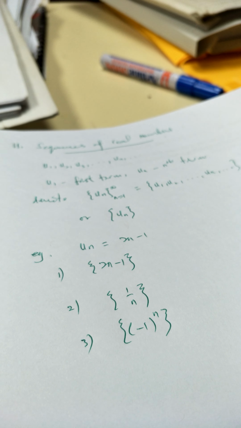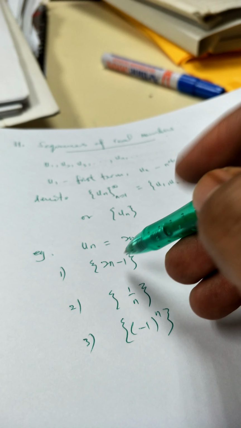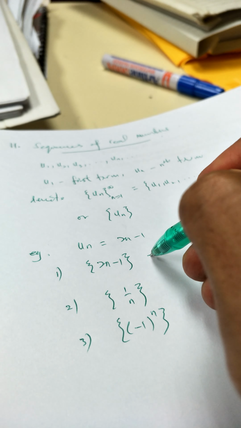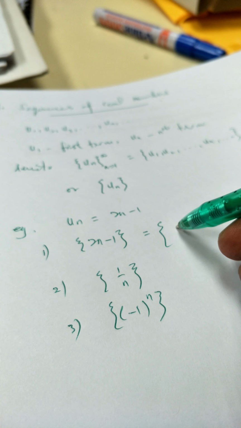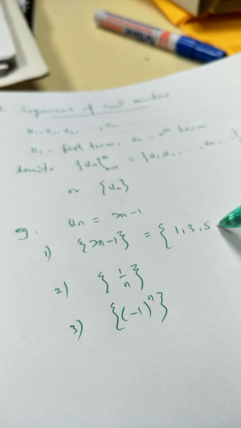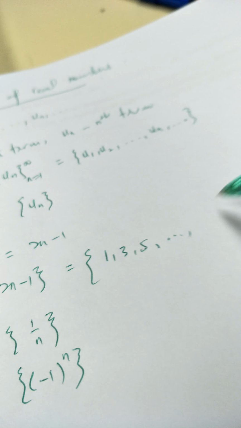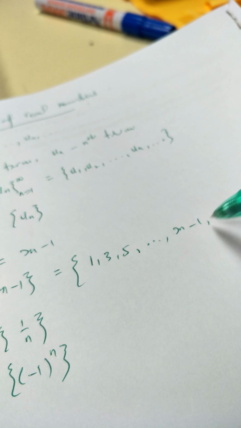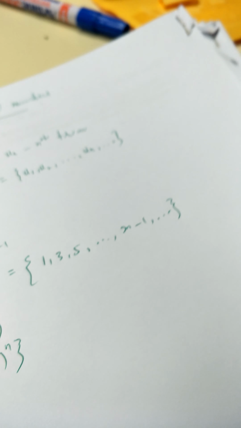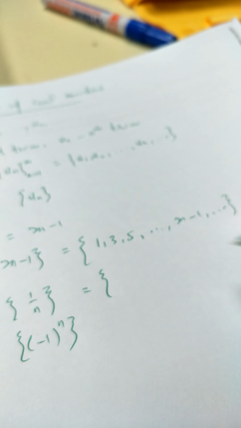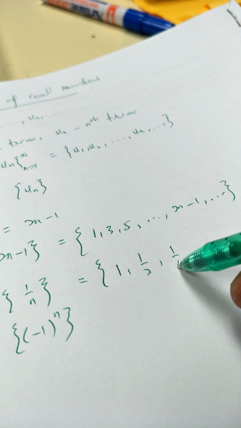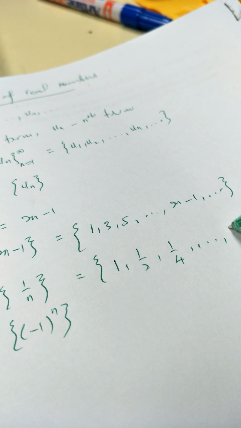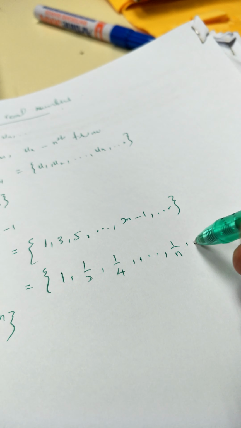If you list down the elements of those sequences, what we can see here is 1, 3, 5, and so on, up to the nth term, 2n minus 1, and so on. And this one, we have 1, 1 over 2, 1 over 3, 1 over 4, and so on, 1 over n.